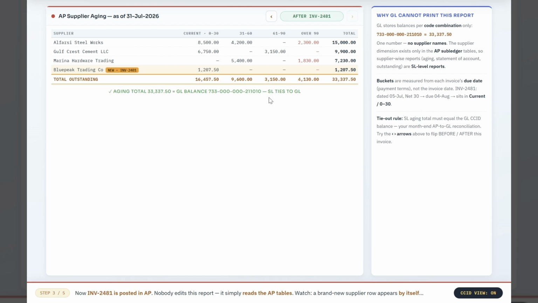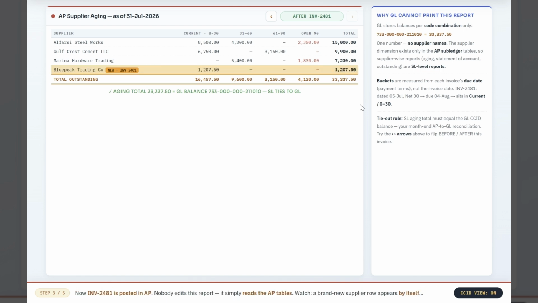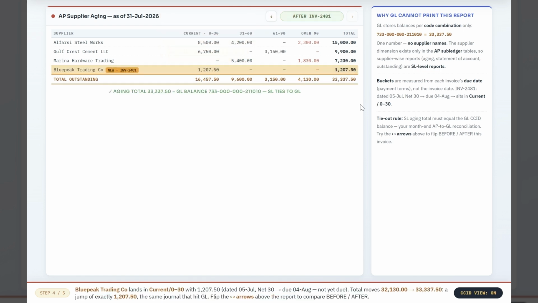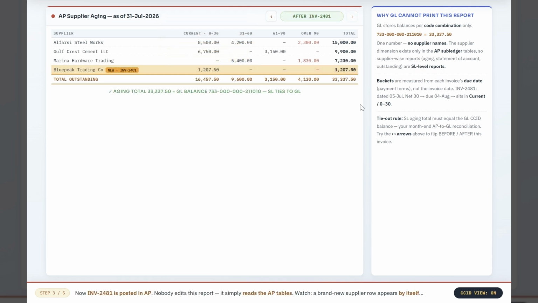And the total moves from 32,130 to 33,337 and a half, a jump of exactly 1,207 and a half. The same journal that hit the GL. I can flip between before and after with these arrows. Before the invoice, after the invoice. Same report, 2 points in time.